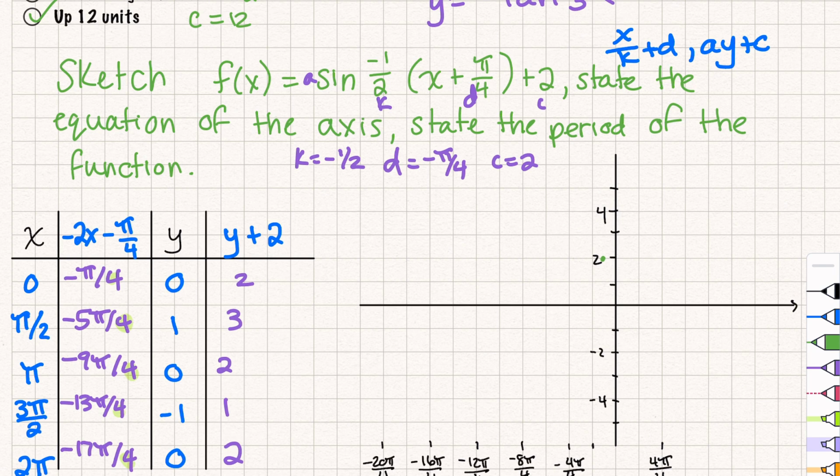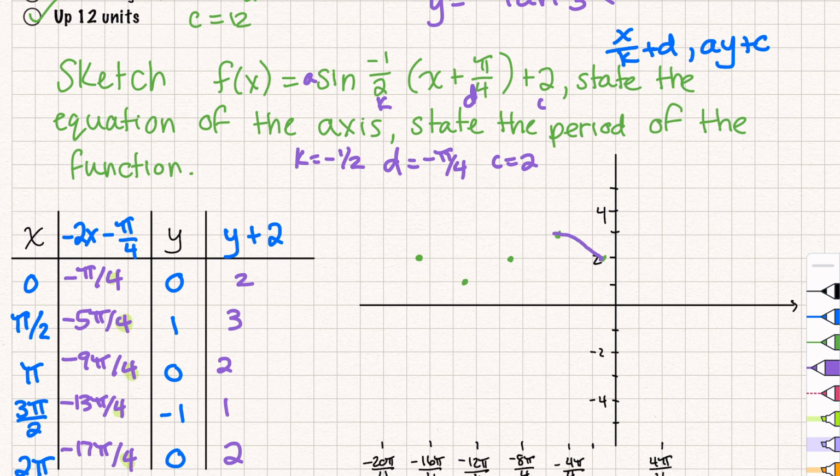Then 5 pi over 2 and 3. 9 and 2. 13 and 1. And then 17 and 2. So here's our transformation. Just make sure you make those points bold so we could see them.